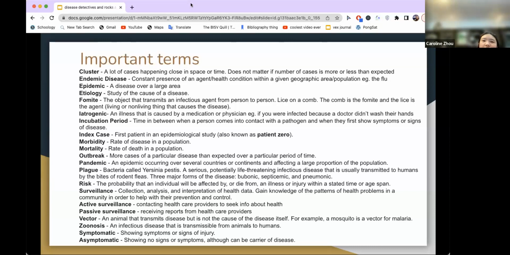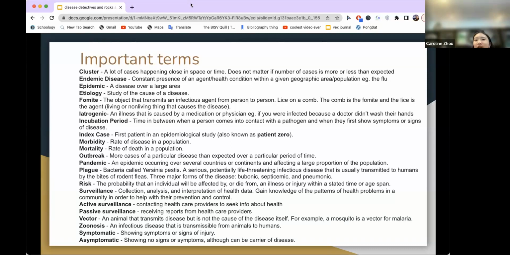Etiology is the study of the cause of a disease. It's not the same as epidemiology, but it's part of it, because the study of diseases and how they spread includes how a disease starts. A fomite is an object that transmits an infectious agent from person to person.